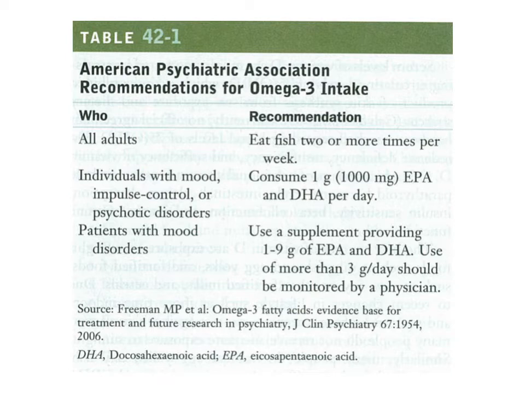But more than 3 grams per day should be monitored by a physician, because more than 3 grams per day increases your risk of hemorrhagic stroke. We'll talk more about that in the neurology chapter. I'm sure you've heard that omega-3s are good for cardiovascular health, and that is true to a point, but more than 3 grams per day increases your risk of a subcategory of stroke, which increases the risk that you might bleed too much.